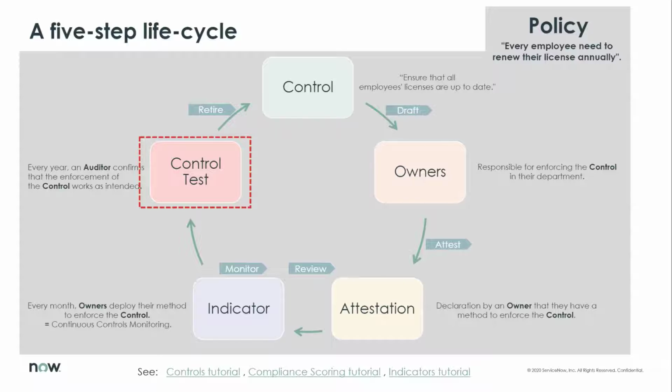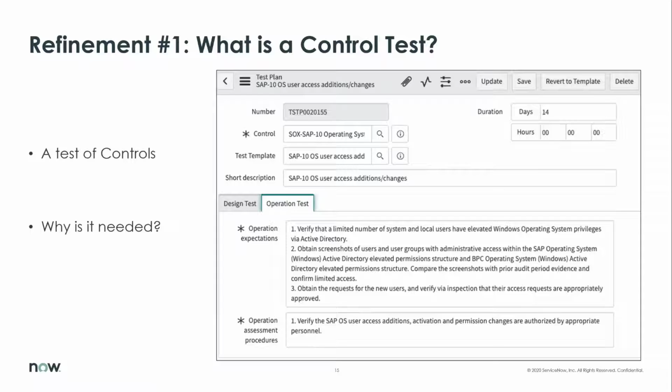All right, let's move on to control tests. So a control test is a test of a control. Seems obvious, but when you think about it, you're performing a test to confirm the efficiency and effectiveness of a control. So think of it as a test plan, like test steps. Your team performs particular steps regularly, but the auditor doesn't know your systems and they don't know how to necessarily verify things in your environment.